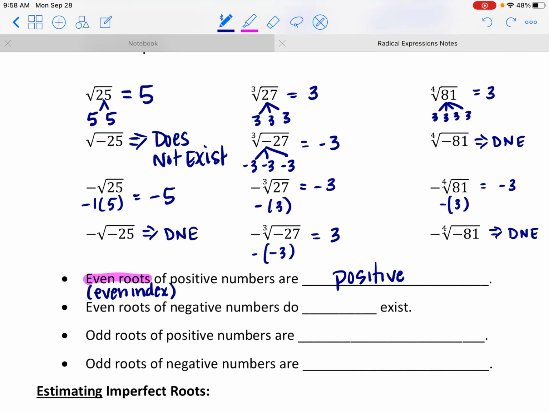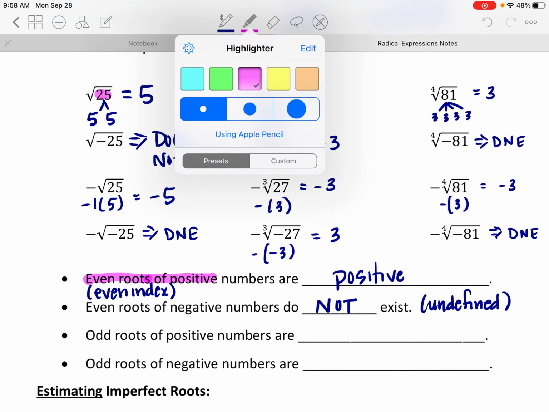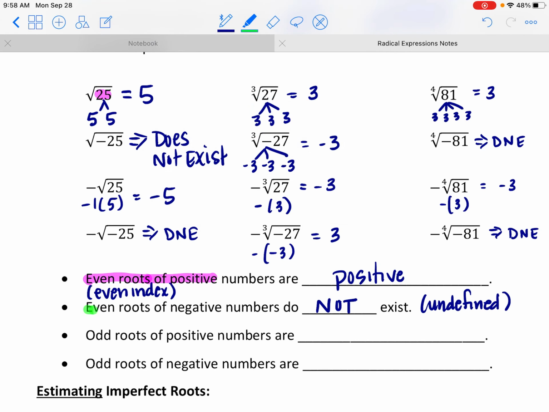So even roots of negatives do not exist. They are undefined. There is no real number value for them. Okay, so even roots of positives, just so you can connect these, that would be like this guy. Or even roots of negatives would have been like this one.